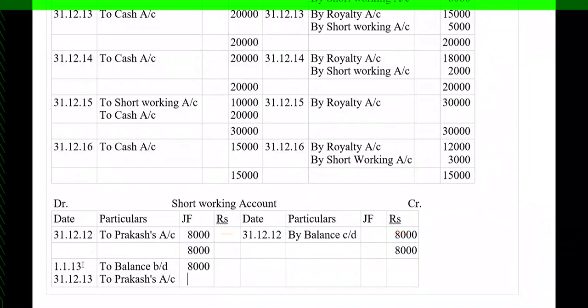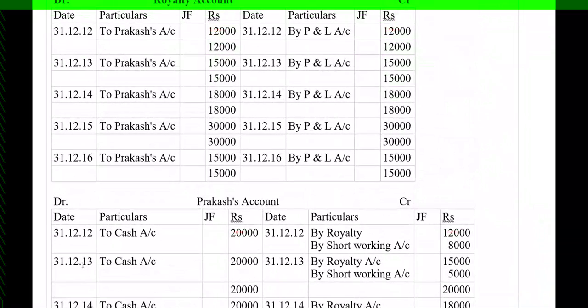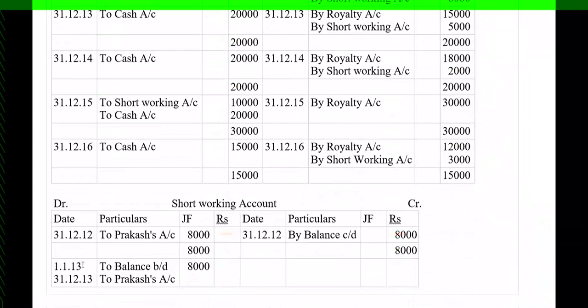Then in the second year there is short working of rupees 5,000. So now let us add here 5,000. So here on 31st/12/13, by balance carried down, that comes to rupees 13,000.